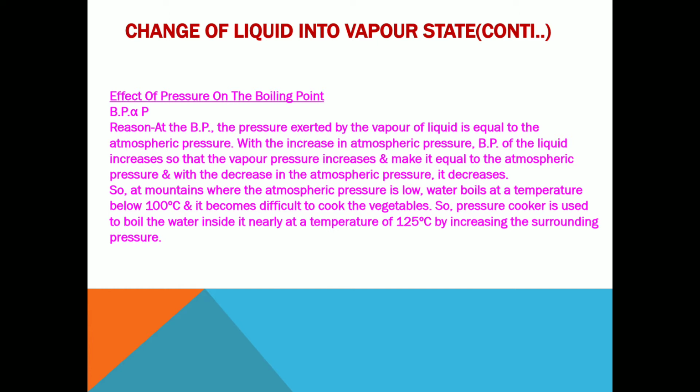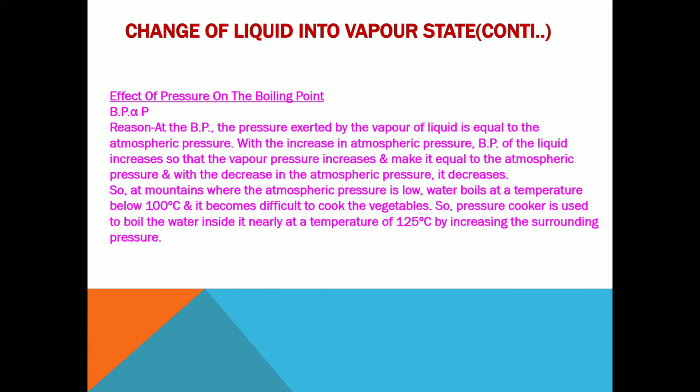At the mountains the atmospheric pressure is low, and for that reason when we go to the mountains we need a pressure cooker to cook vegetables. Why? Because water boils at a much lower temperature than 100 degrees centigrade. Water's boiling point is generally 100 degrees centigrade, but in the mountains the boiling point falls due to the low atmospheric pressure.